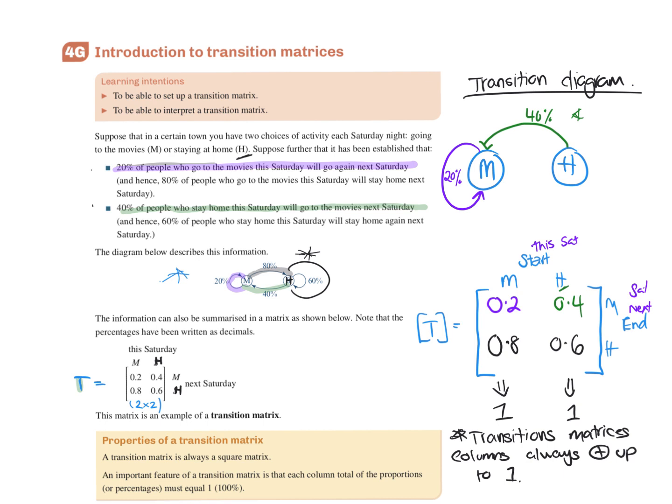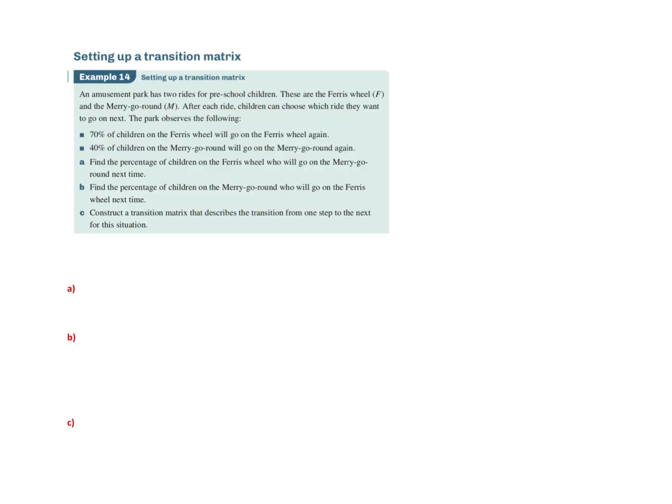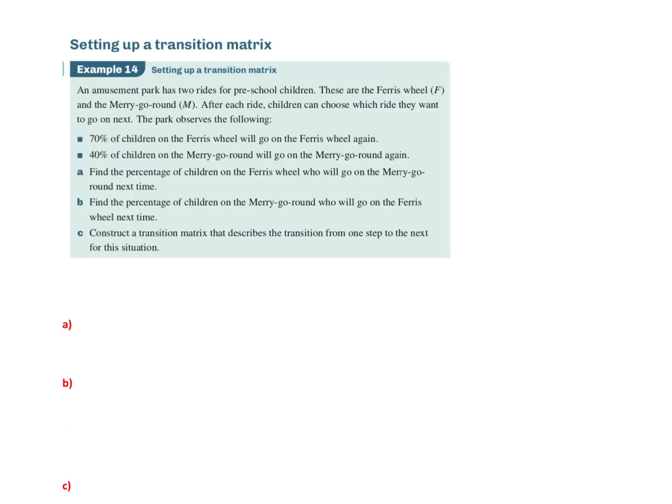So I'm not giving you anything else but the information. That's the type of question you get for an analysis question, where we're just saying display this data, and you also have to interpret it. Today, we change. All right, setting up a transition matrix.